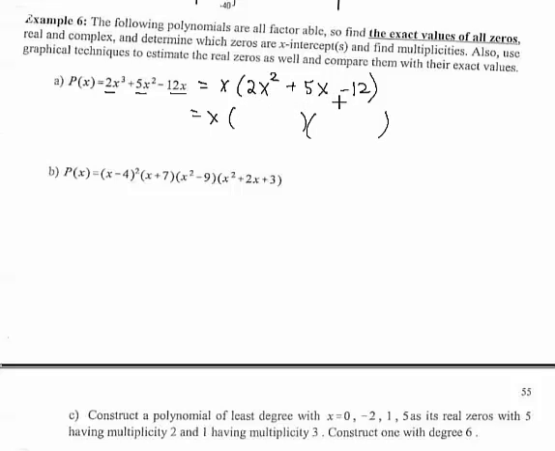2x squared plus 5x minus 12 will factor as 2x times x to get the 2x squared term. Then we have to play with the numbers, the last two, so that they multiply to give us 12, and then the cross products have to add to give us 5x. So this is a little tricky.